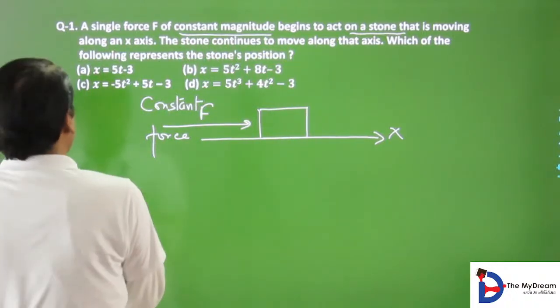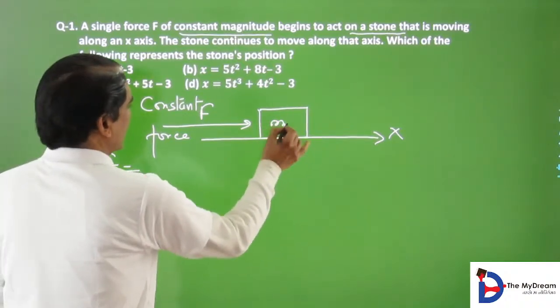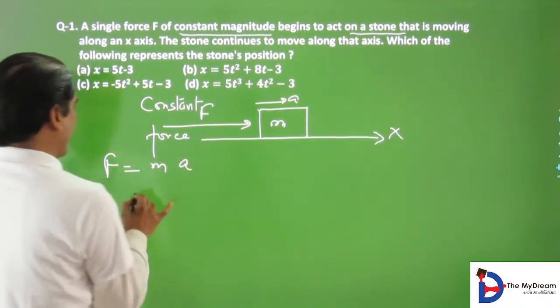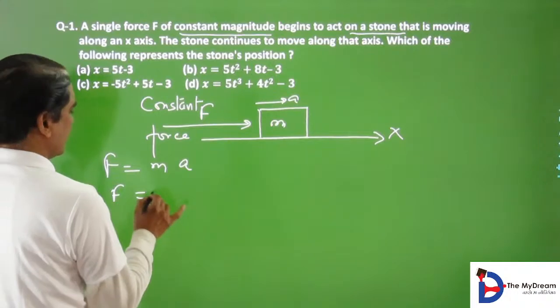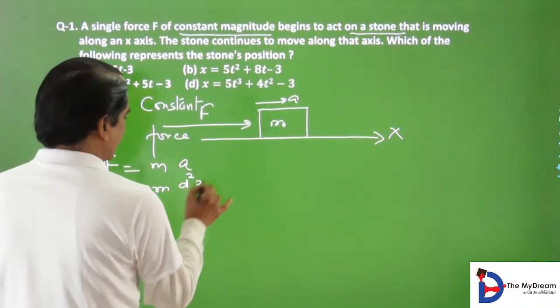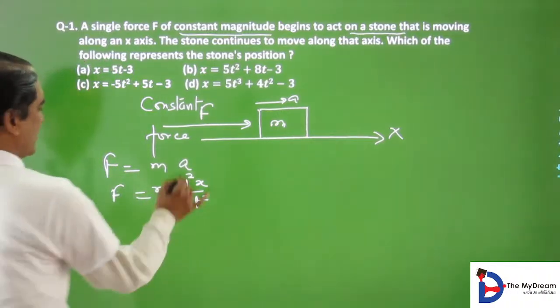As you know, F is equal to mass into acceleration, and the acceleration is d square x by dt square. So which gives the acceleration?